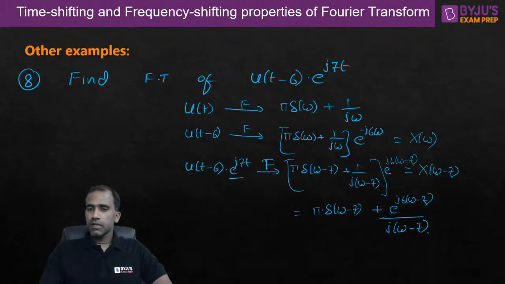These two terms together, if you apply the properties of impulse, you get this. The second term will become 1. I'm using the property of x of t into delta of t minus t naught. What is the result? The location of the impulse is t equal to t naught. In the neighboring function, wherever t is there, replace it with t naught.